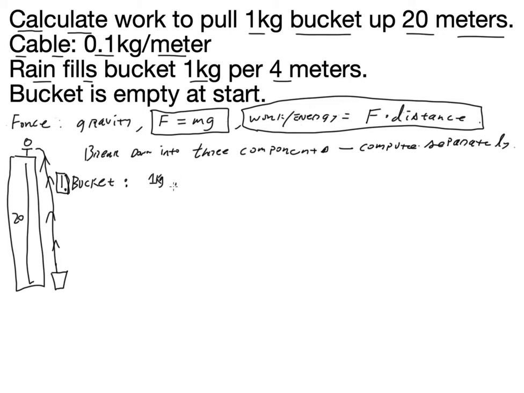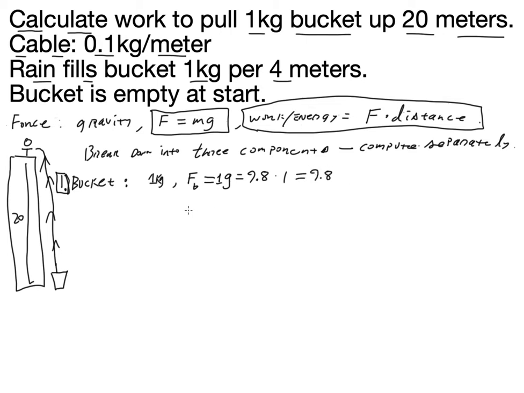And so the force of gravity on the bucket is just g, otherwise known as 9.8, multiplied by 1, so a 1g. That'll just be 9.8.